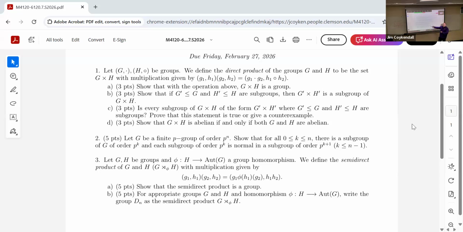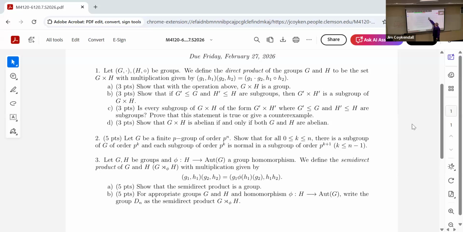Finally, number 3 is a generalization of number 1. This is called not the direct product, but the semi-direct product. It looks like somebody came up with this on some April the 20th. What you have is a homomorphism from H into Aut G. And we define the semi-direct product with the multiplication.